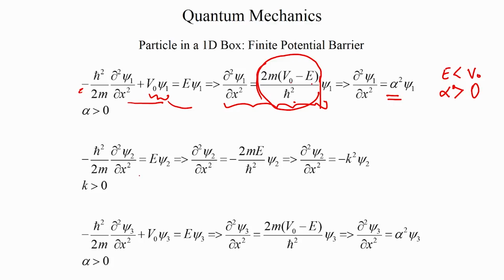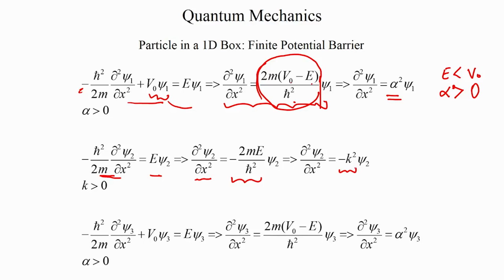Similarly, in region 2, we have Schrodinger's equation where the kinetic energy is equal to the total energy. I can rewrite this as dou square psi 2 by dou x square is equal to 2m E by h bar square, and we will define this term here as minus k square.